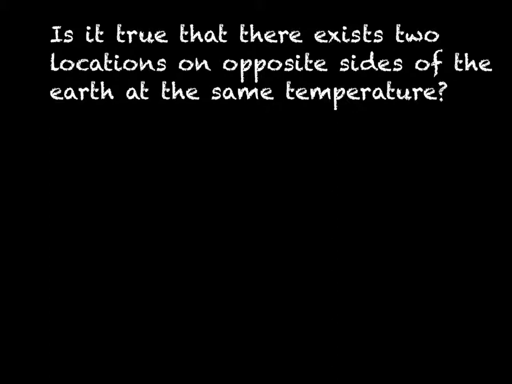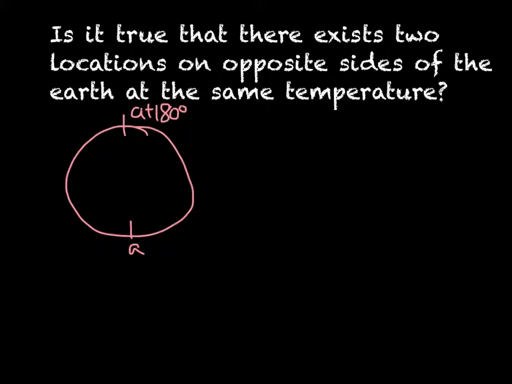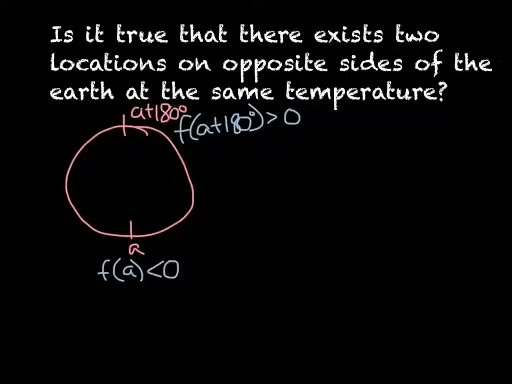So what that means is we now have, here's our 2 points again, that this value is less than 0, and this value is greater than 0. And so now, by the intermediate value theorem, I can choose a number between f of A and f of A plus 180, and so I'll just choose my number to equal 0.